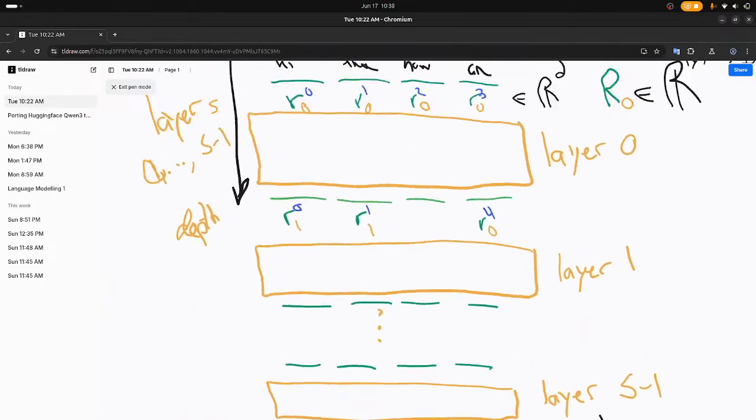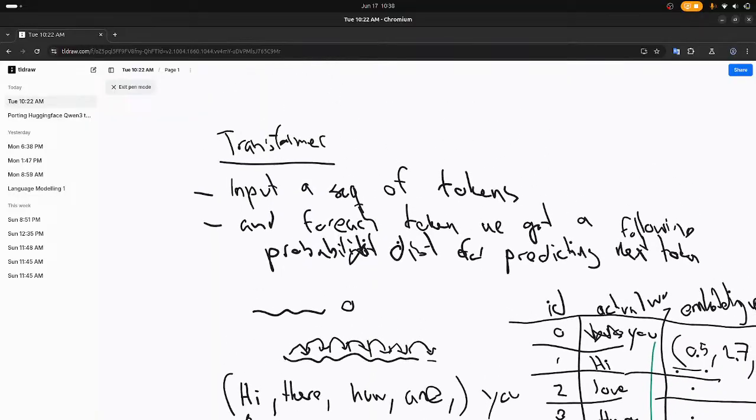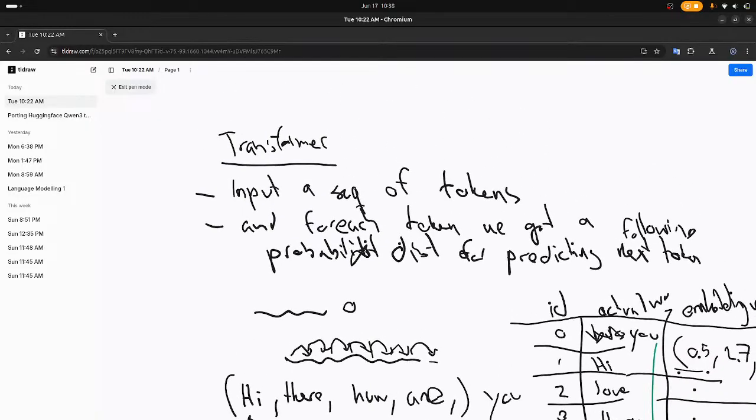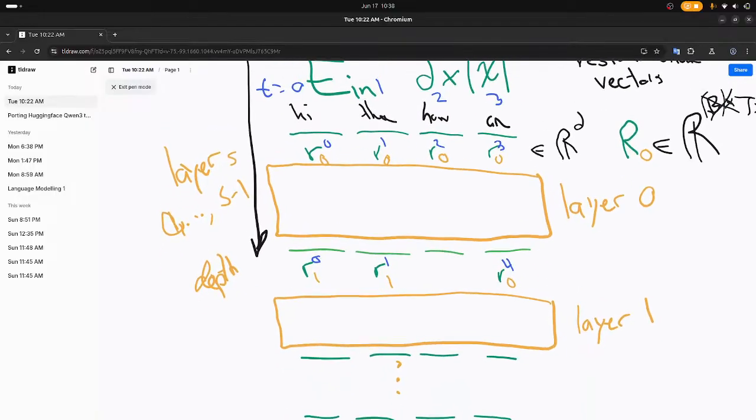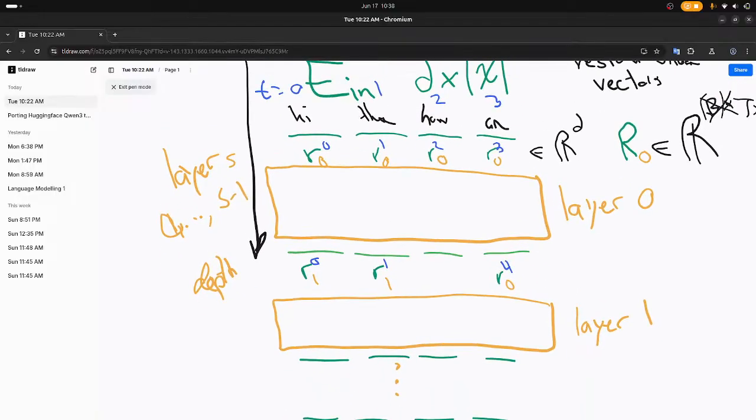Okay, and we told ourselves that for each token we get a probability distribution for predicting the next token. So for each token, I want to predict the next token. Hi, there, how are you?